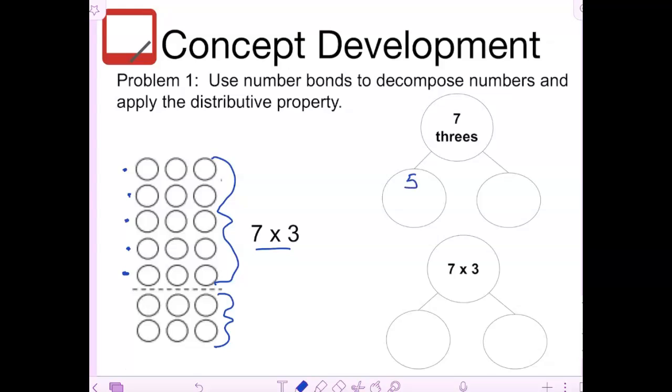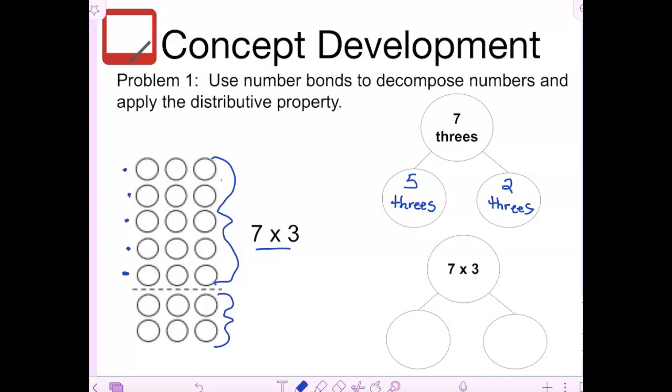So we actually have 5 threes. And this is how you're going to break down your facts. And then down at the bottom, we have 2 threes. So 5 plus 2 equals 7. And the unit that we're talking about is threes.